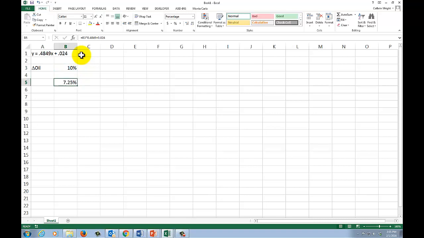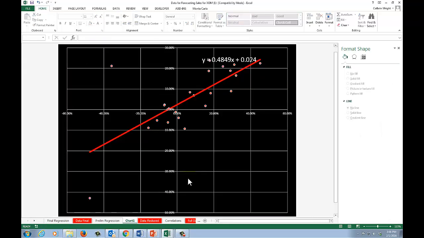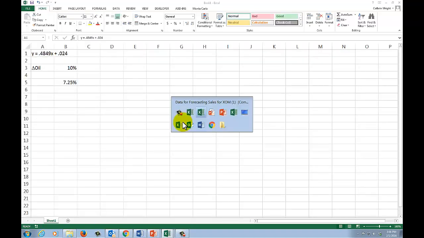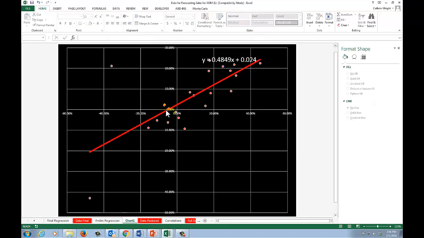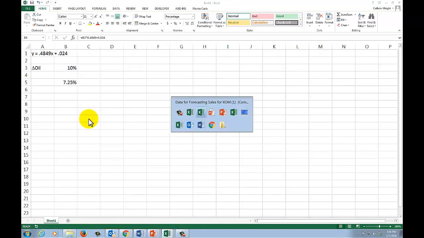So your forecast for the delta in Exxon Mobil's earnings for this next year, if you thought the delta in oil was going to be 10%, using this equation for a line, which came from this scatter plot, what you would say is, if I trust that line, then I think if oil increases by 10%, I'm going to see a 7.25% increase in Exxon Mobil's earnings.